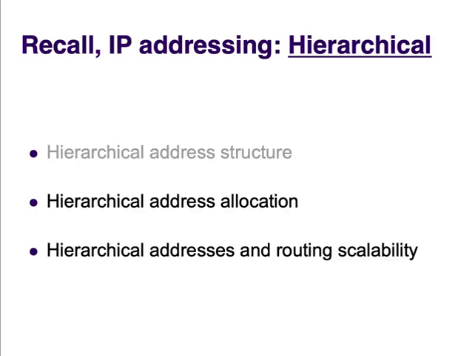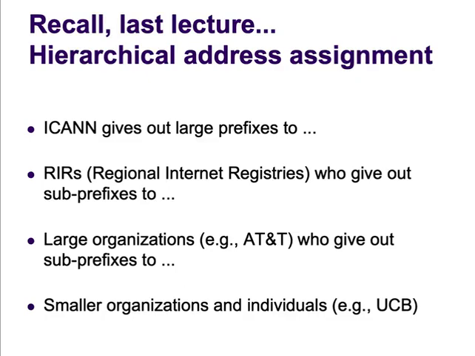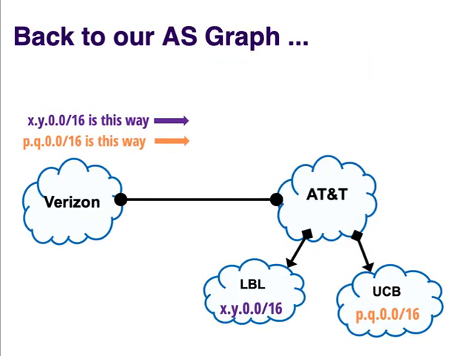Okay. The second aspect of why hierarchical addressing helps is that the allocation is hierarchical. Again, Murphy had this slide where he said address assignment, you get from ICANN, which gives out prefixes to regional registries that give it out to organizations like AT&T, and you keep subdividing your prefix space as you allocate it. Look familiar? Why does this help me?